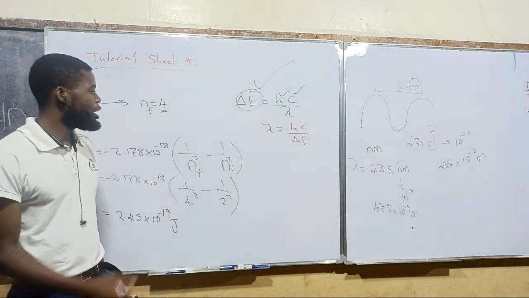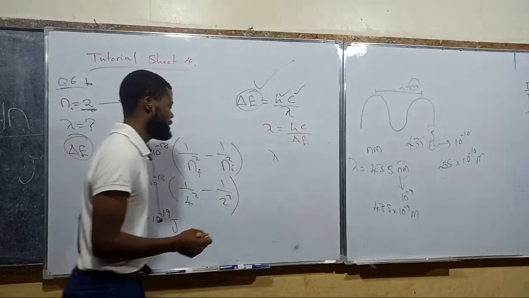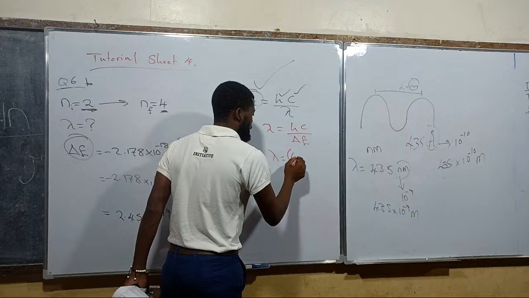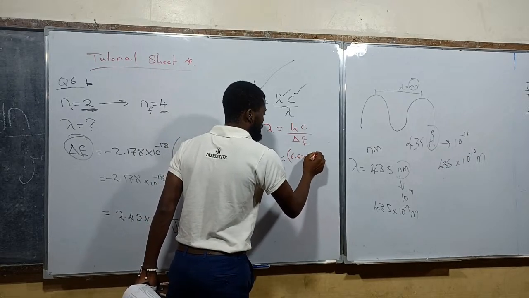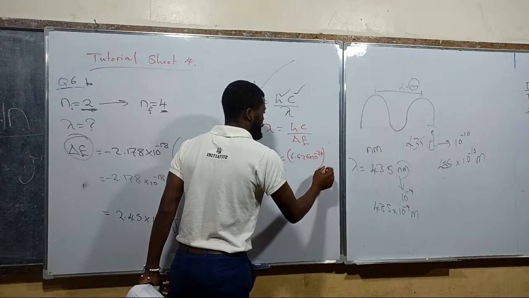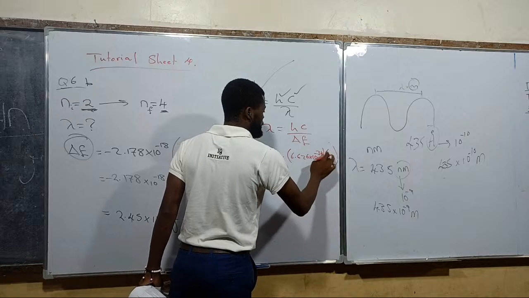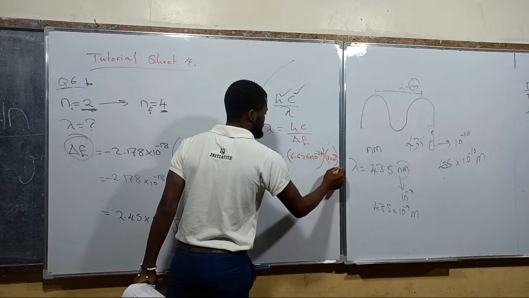After manipulating the formula like that, you just plug in the values. Planck's constant I've already given you, 6.626 times 10 to the power negative 34. And the speed of light, you know the value, 2.99, or you can just say 3 times 10 to the power 8.